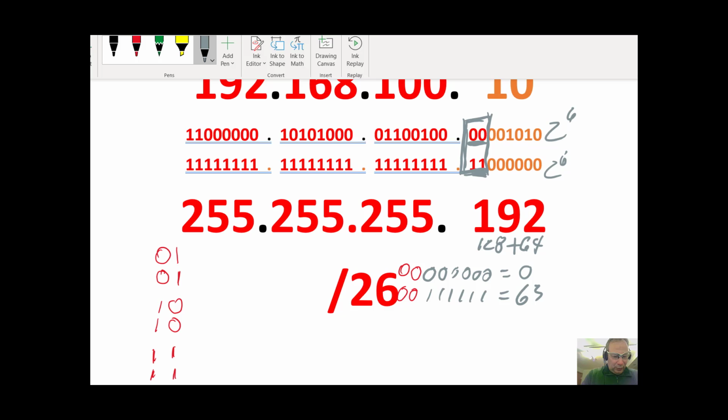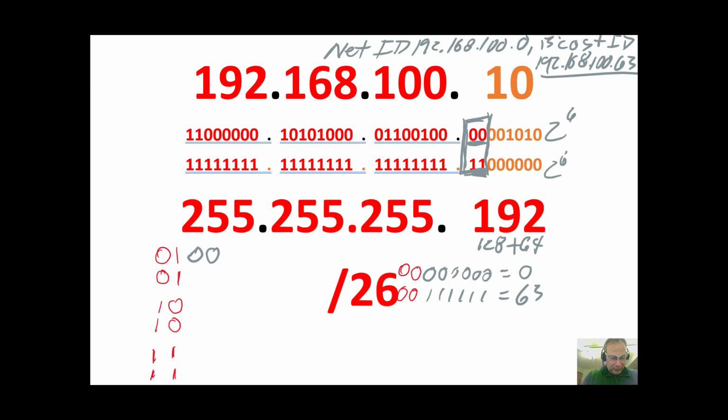It would be 0, 1, and then the host bits 0, 0, 0, 0, 0, 0. This would equal 64, because there's a 1 in the 64 position. And 64 plus 32 plus 16 plus 8 plus 4 plus 2 plus 1 equals 127. Trust me on that one.